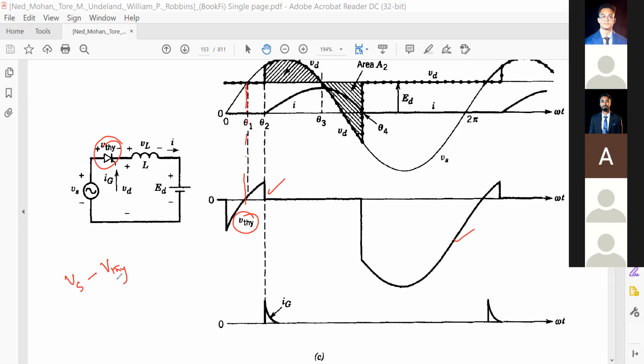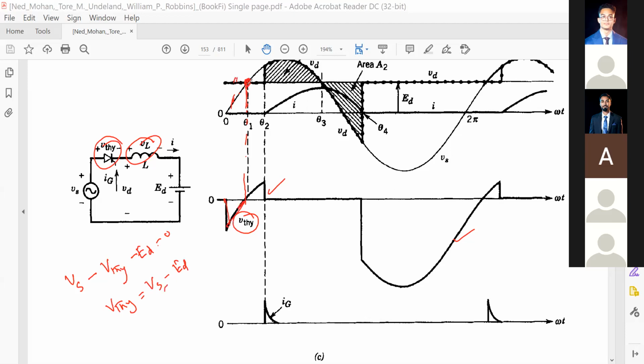And then what is that? It is open, so there will be no current here, and then positive to negative minus ED equal to 0. So V thyristor will be VS minus ED. This VS is less than your ED, so that is why you are getting negative voltage.